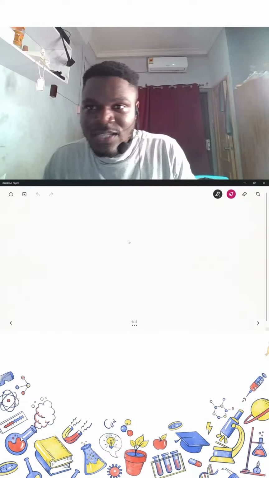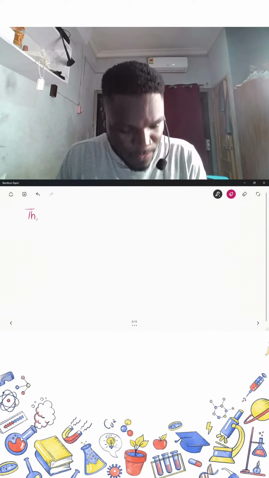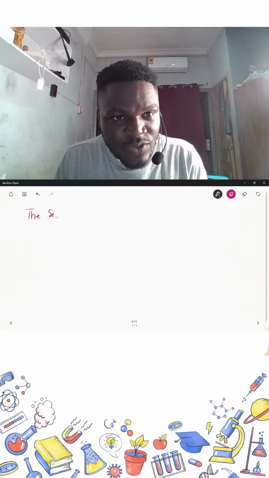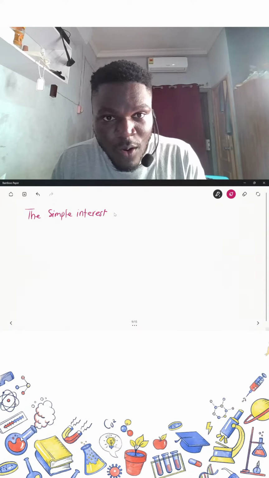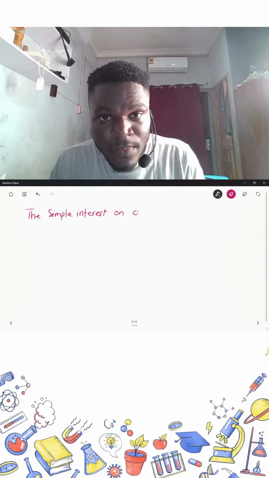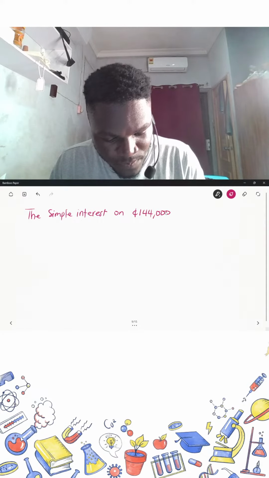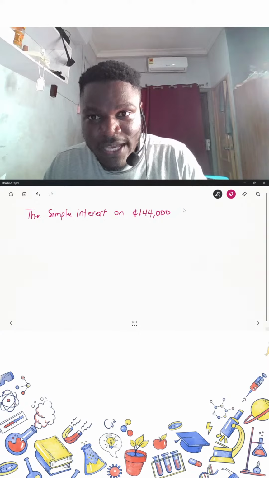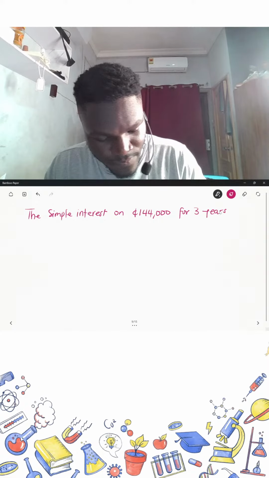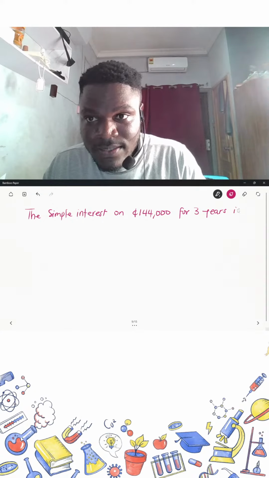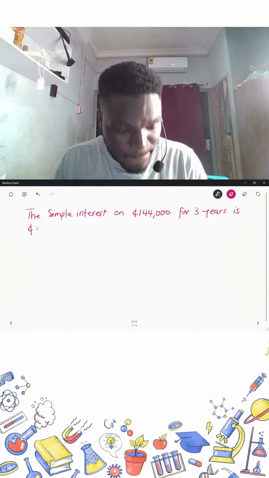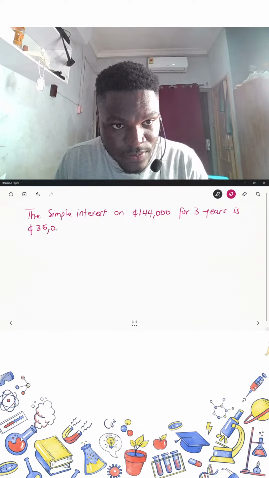The next question is: the simple interest on 144,000 for 3 years is 36,000.